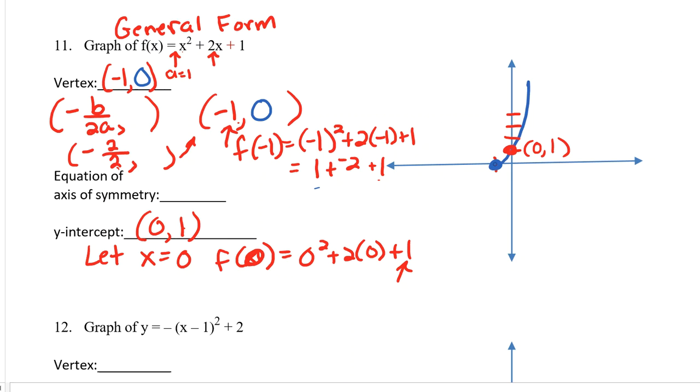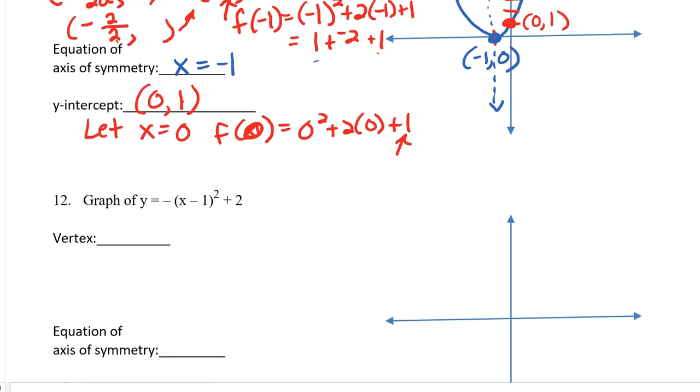Now that looks like our basic parabola. So that's a good way to catch your mistakes if you did the same thing I did. And that parabola can be folded in half. Its axis of symmetry is always through the vertex, so a vertical line.